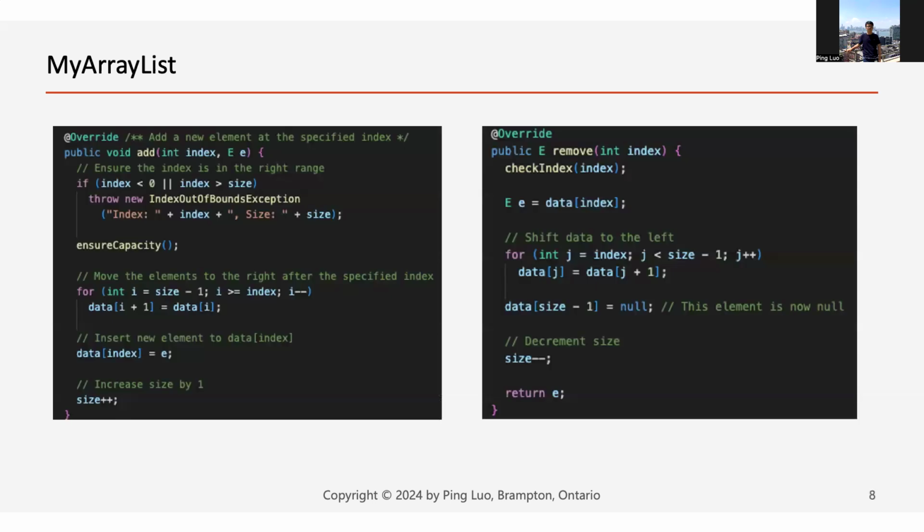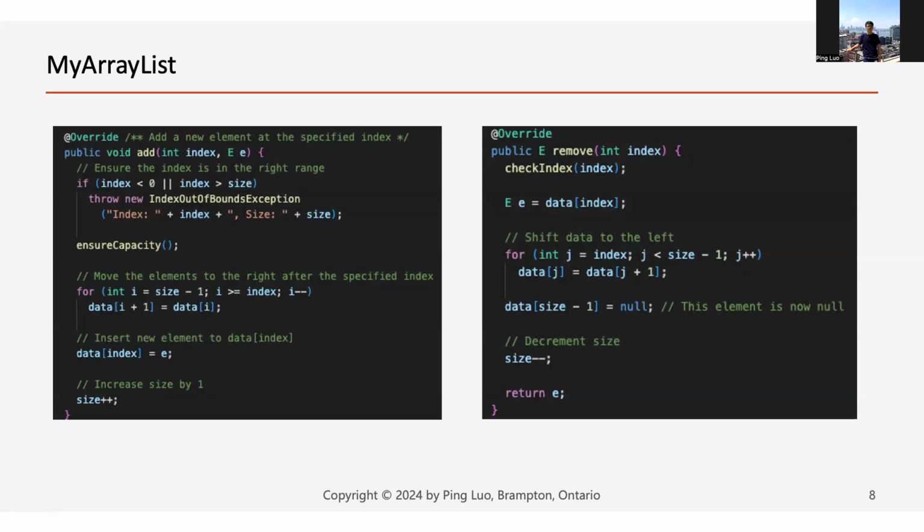So these are the two methods for adding and removing an element. If we want to add an element E, we first need to make sure the array has enough capacity. After that, we just need to move every element to the next location. This time we start from the last one and go backwards to the specific index. After everything is moved, we can save this element to this specific location.